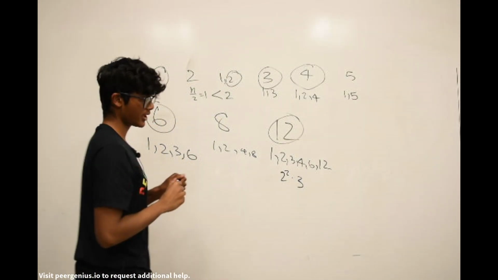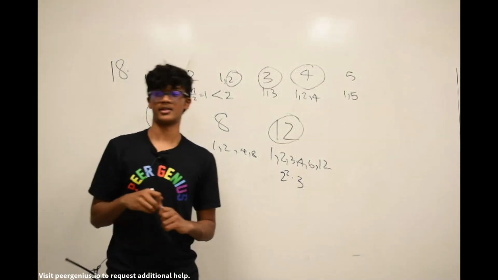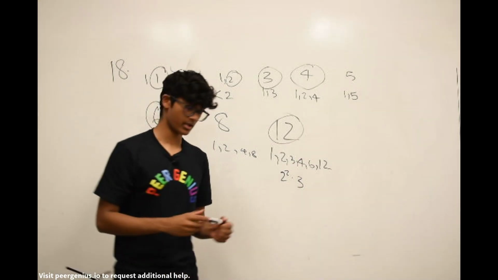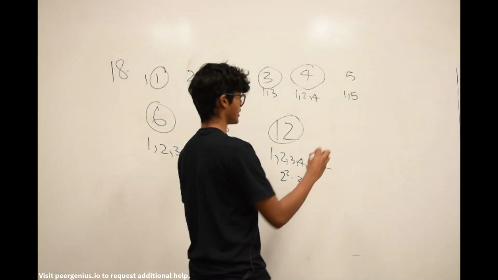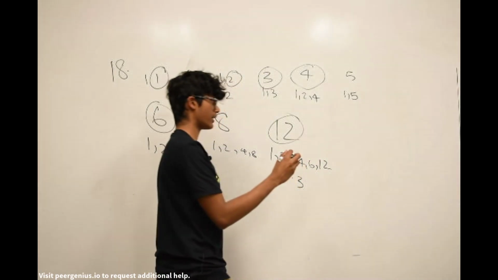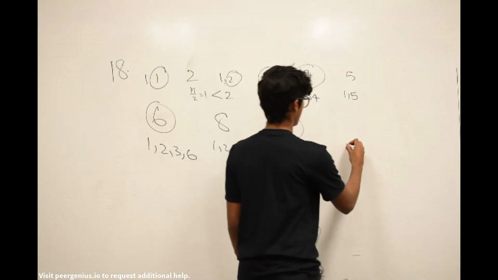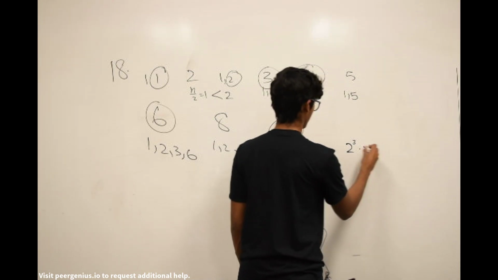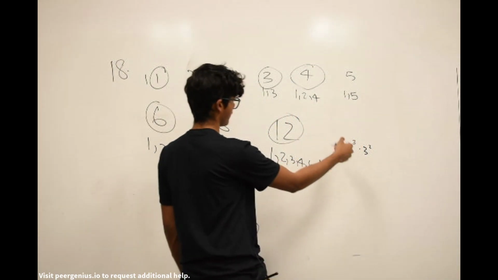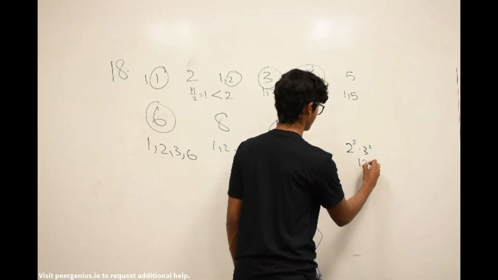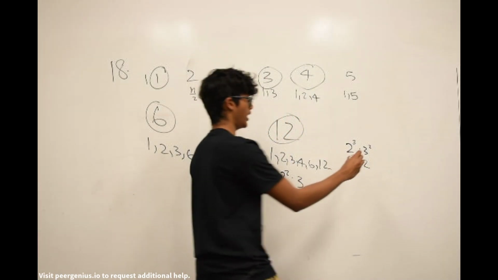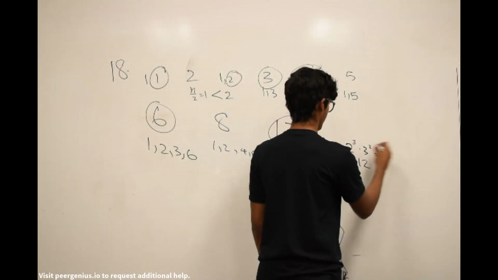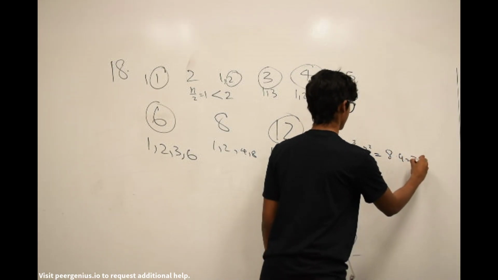So we're trying to maximize the number of factors while minimizing the number. Let's say we have a number that we would think has a lot of factors, like maybe 2 cubed times 3 squared. This has a lot more factors than all of these, 12 factors. However, the number gets a lot bigger: here it's 8 times 9, which is 72.